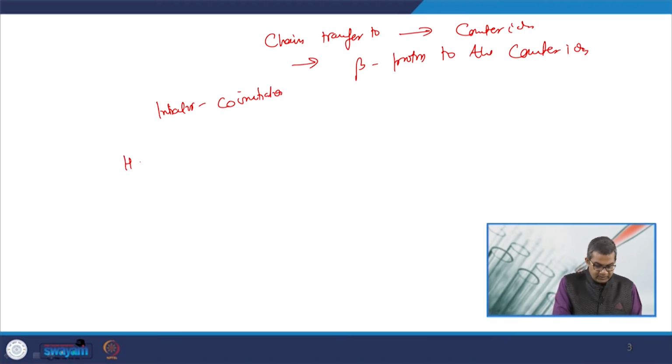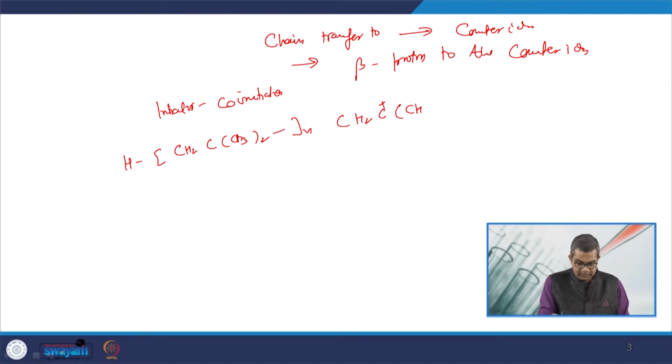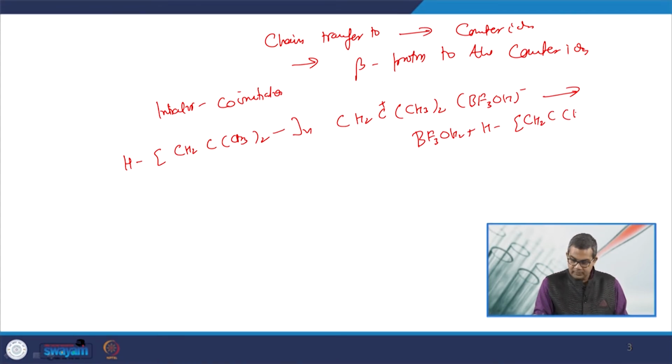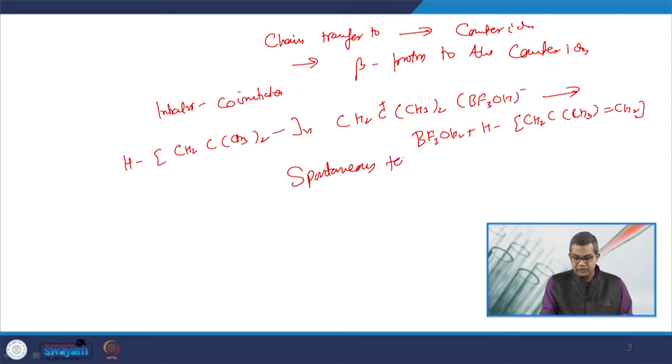So it can be represented like this: CH3 and now CH2C+. You see over here that this is BF3OH2 plus H CH2C. This is sometimes referred to as spontaneous termination.